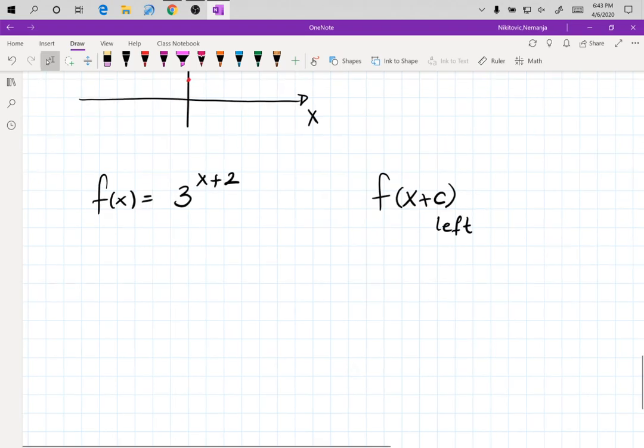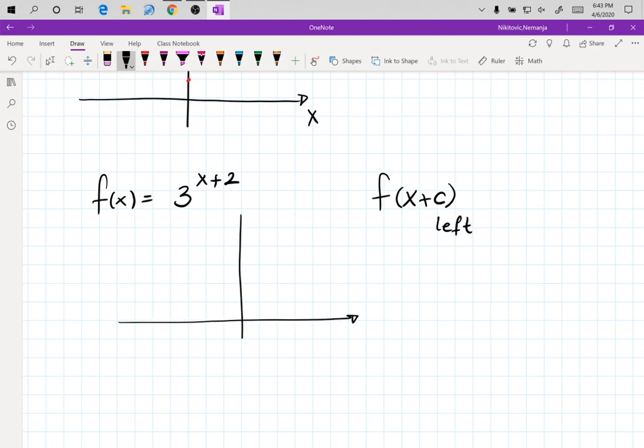Okay. Draw the XY system. We have our horizontal asymptote stay where it should be, which is the x-axis, and our good old y-intercept point has to move 2 units to the left.